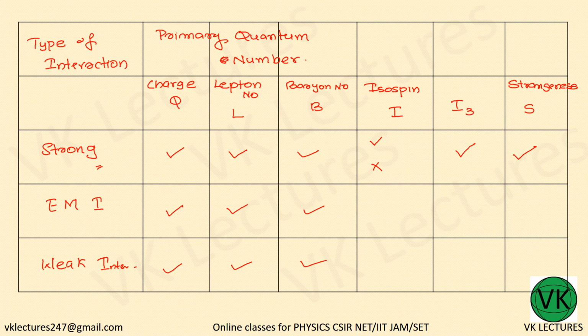Now for electromagnetic interaction, isospin need not be conserved. So that's why we have 0 here, which means need not be conserved. Then both I3 and the strangeness quantum number have to be conserved.